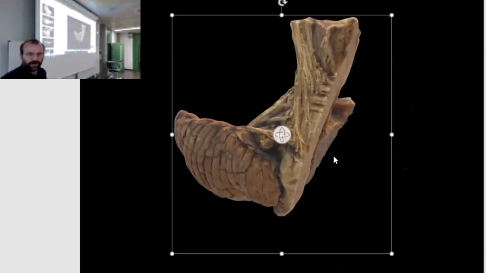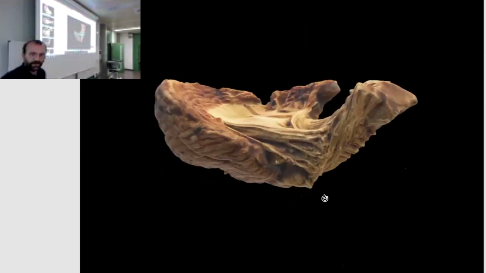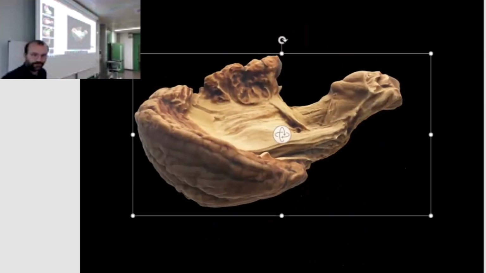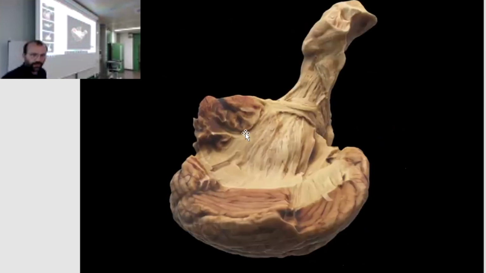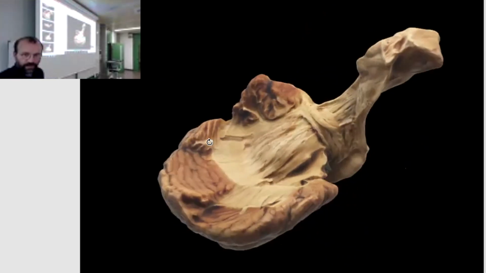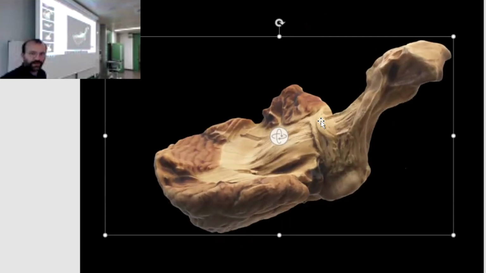Here you see further removal of pons fibers allows a better representation of the pyramidal tract. But most importantly, the removal of the middle cerebellar peduncle exposes completely the inferior cerebellar peduncle, which goes laterally.